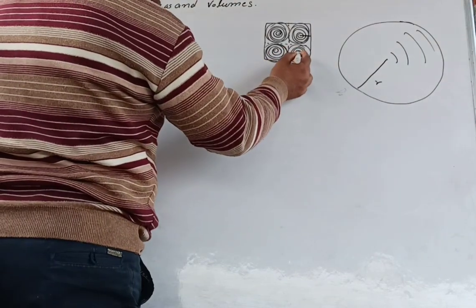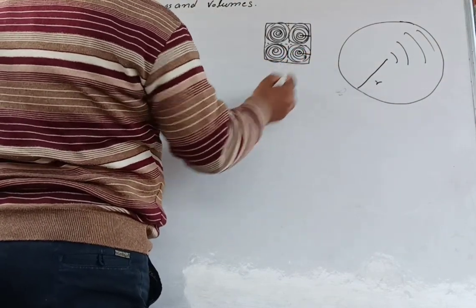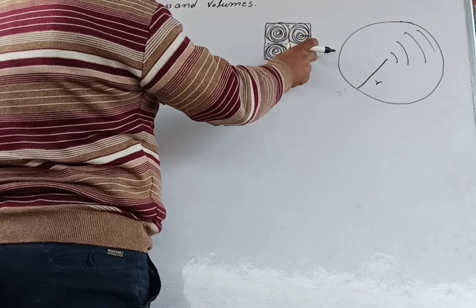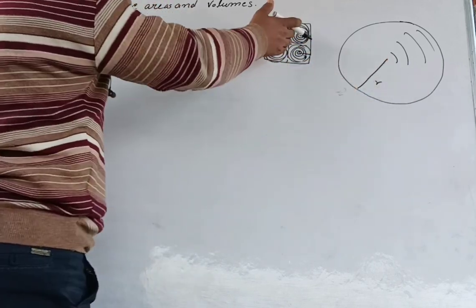So this radius of wire is r, and this radius of circle is equal to the radius of the sphere. This is four times.